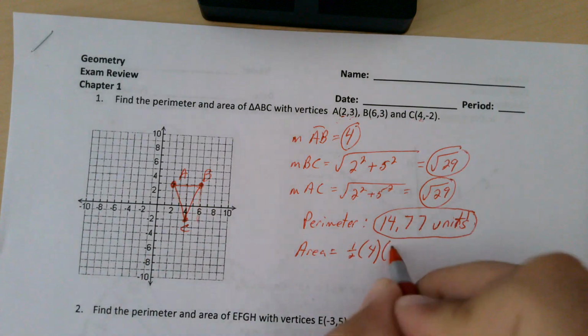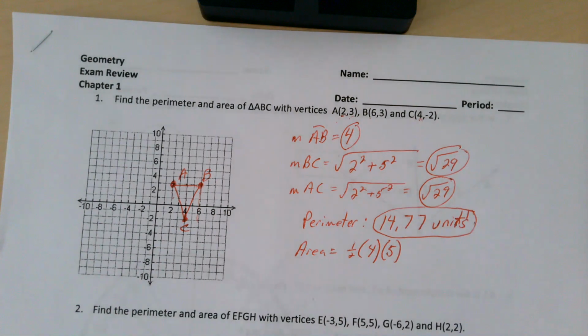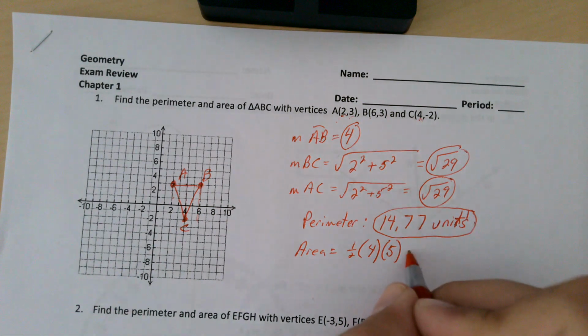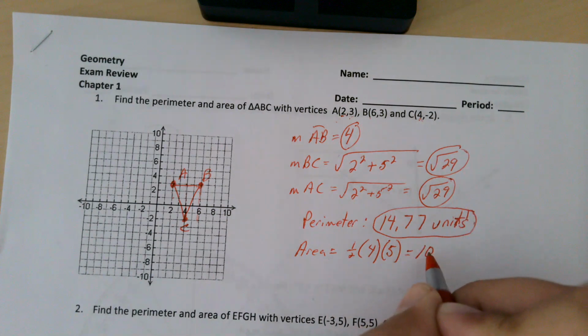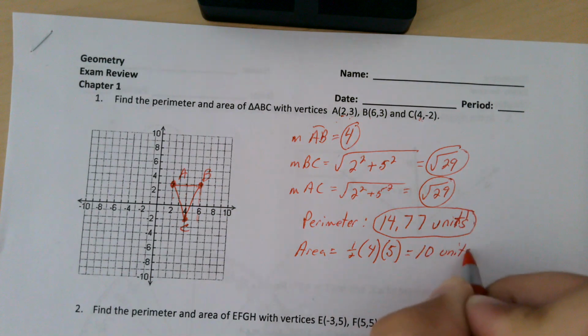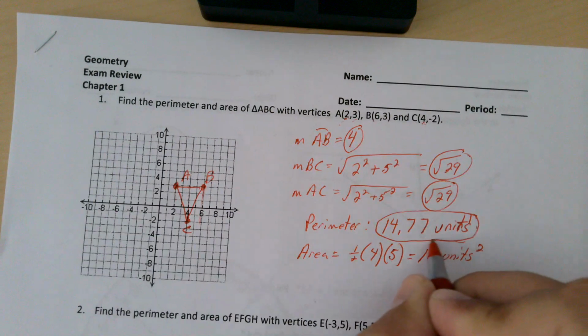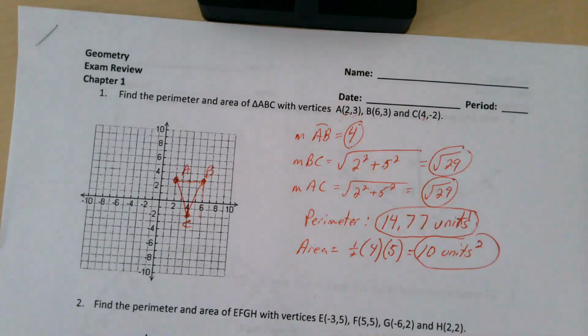We're going to know that the height of that triangle is going to be a 5. You probably do this in your head. That's 20. Take half of 20. You're left with 10 units squared. Okay, so make sure you understand where those numbers are coming from. Okay, that's a triangle.